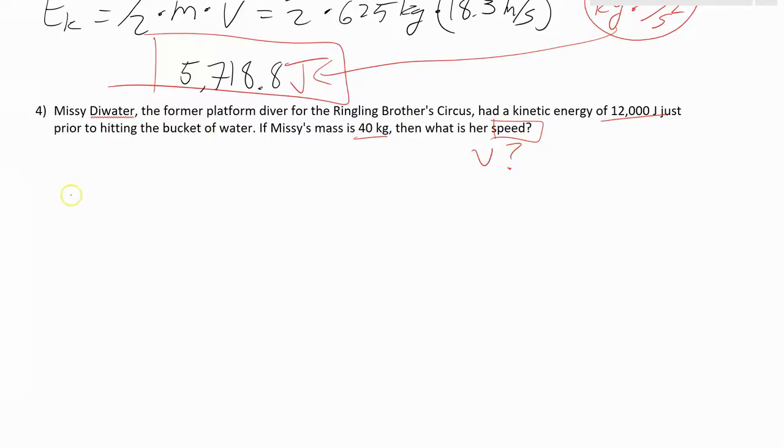We're going to solve this for speed or velocity. So we start off with our equation. We've got EK equals 1/2 times the mass times the velocity squared. We want to have V equals in the end. So we're going to do some rearranging. First, let's get rid of this 1/2.